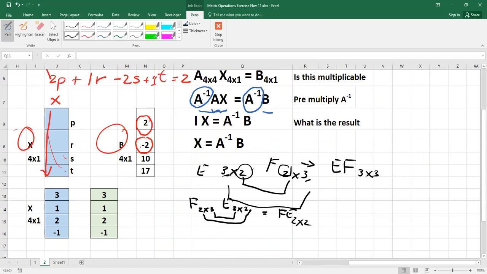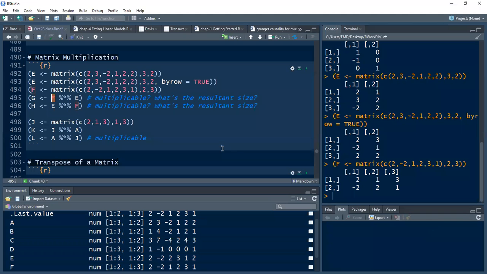Okay, so let's go back to our R. First we have F times E. Matrix multiplication in R is done this way: percent, asterisk, percent. That's how we multiply matrices in R. So let's run this.